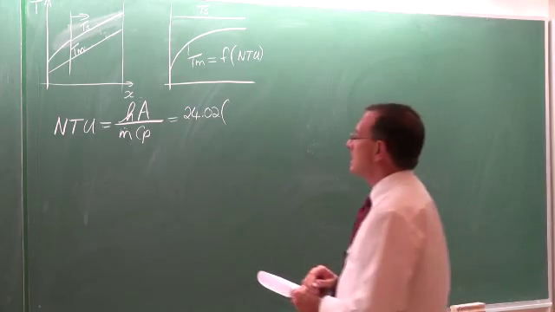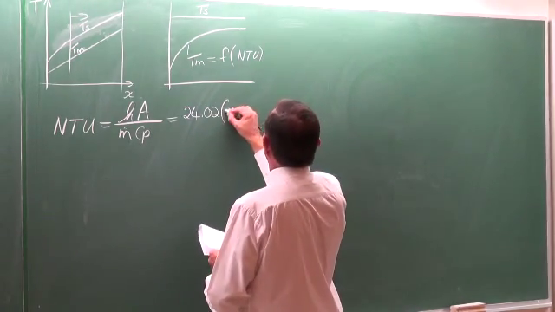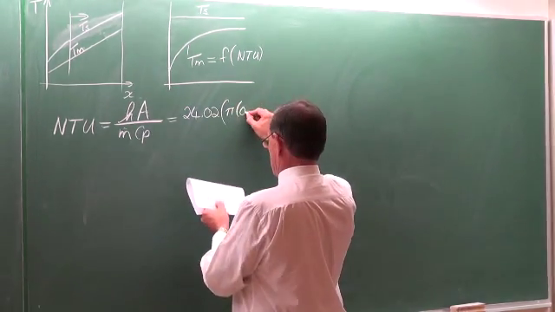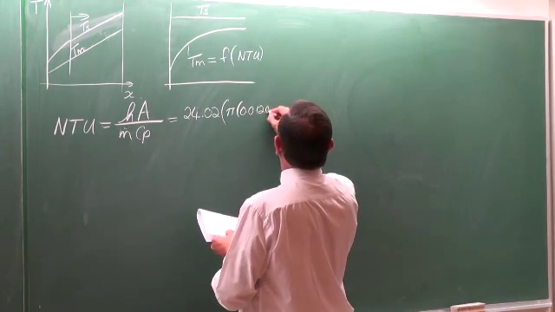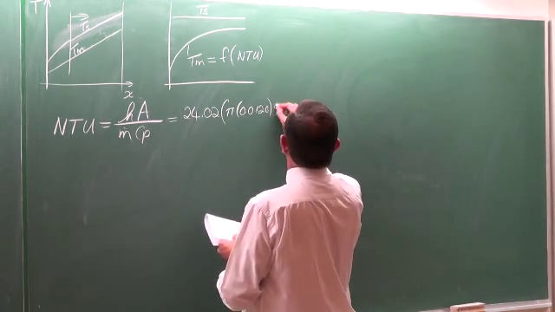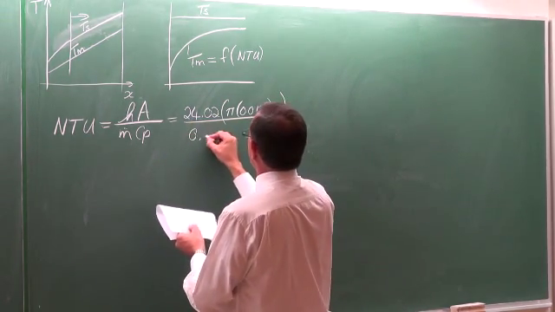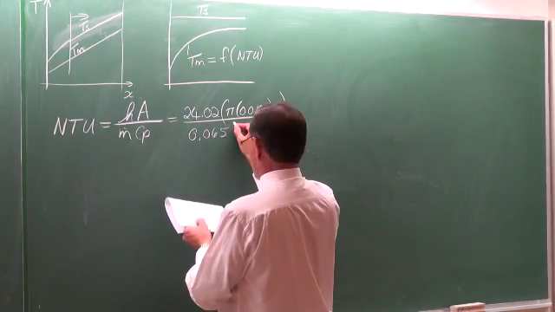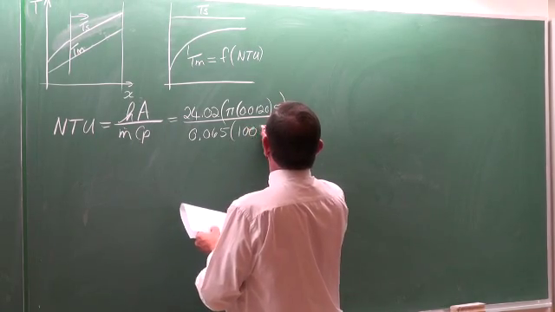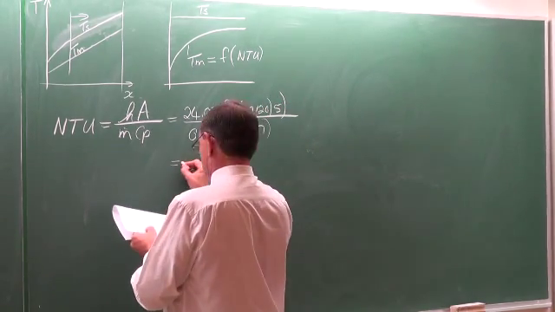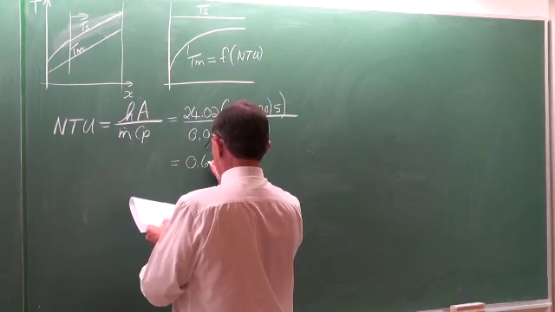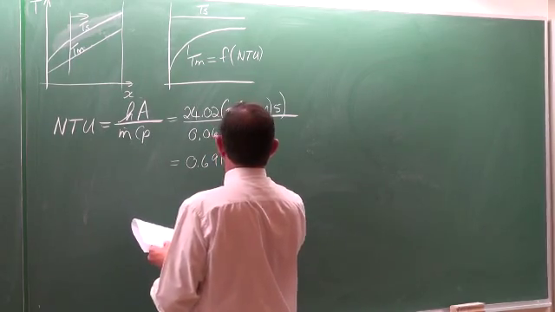The surface area is equal to pi multiplied by the diameter multiplied by the length, divided by the mass flow rate, which is 0.065 times 1007. And that gives us the NTUs of 0.6917.